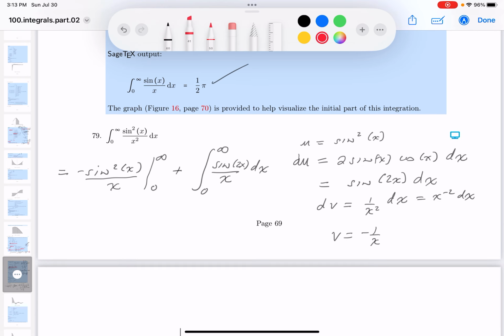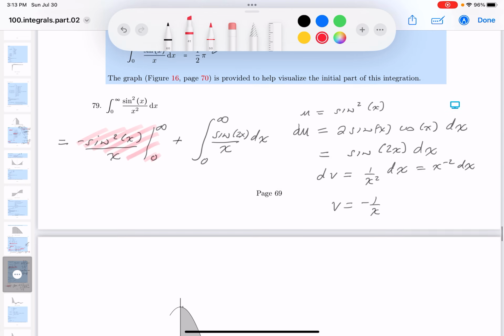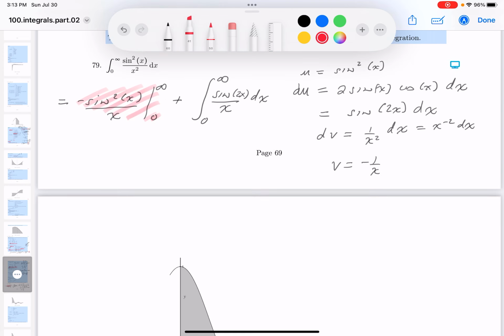All right, let's not worry too much about what we're seeing over here, but I think I should do one thing at a time. I realize that there are really two things to consider here. First, I need to consider the limit as x goes towards infinity of minus sine squared x over x.